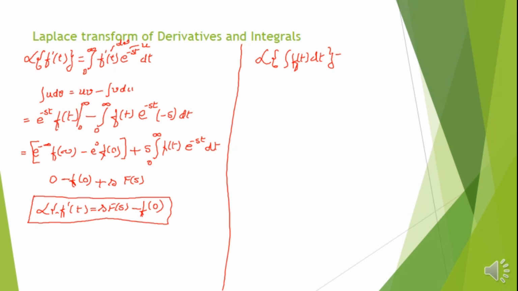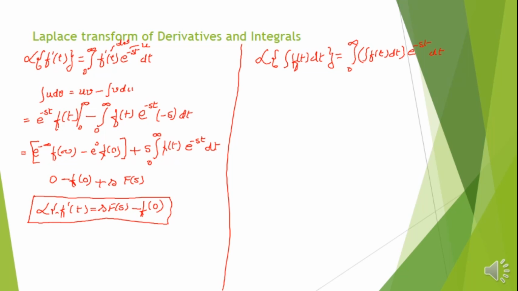Based on the formula, integral 0 to infinity of integral f of t dt times e to the power minus st dt. Now here also the same thing. Integration of f of t as well as e to the power minus st, both are functions of t. So I need to use integration by products.